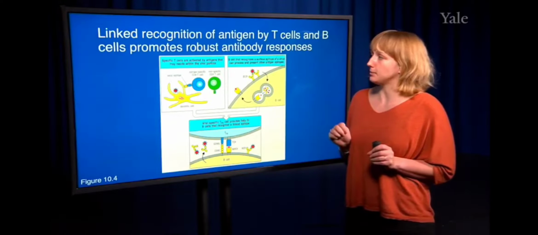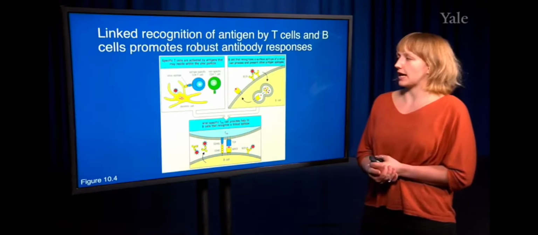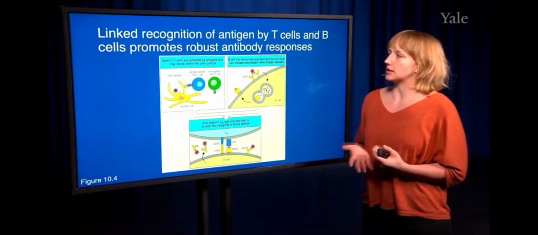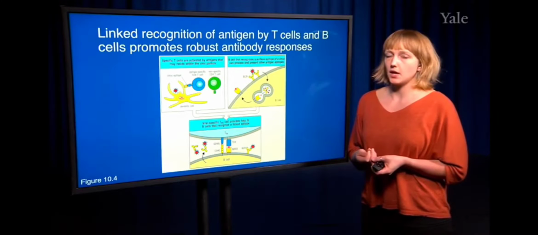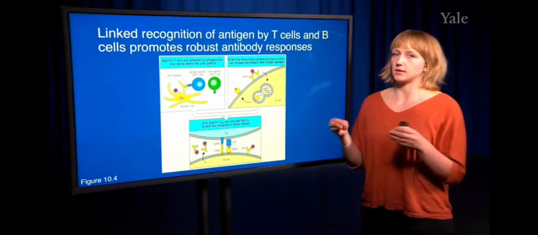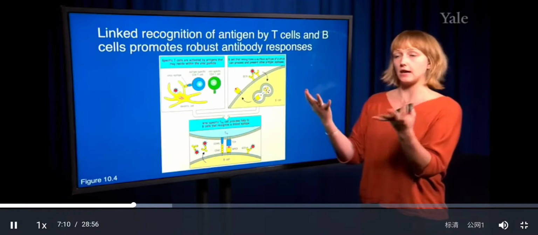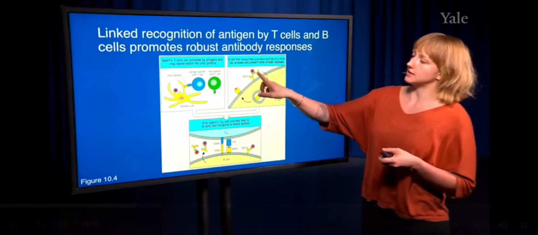B cells, or antibodies, typically recognize cell surface epitopes of virions. As opposed to the CD8 cells, which recognize the insides, antibodies and B cell receptors tend to recognize the outside. So you can see here the outside of the virus interacting with the B cell receptor.